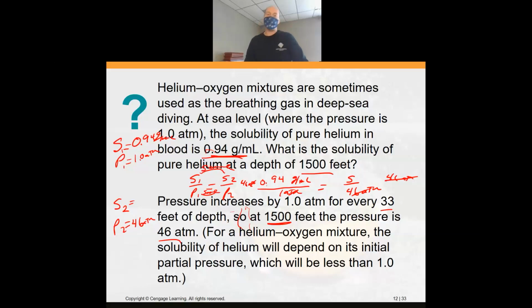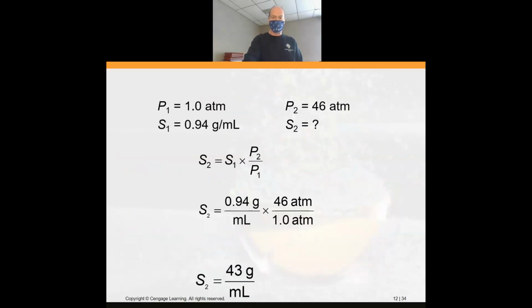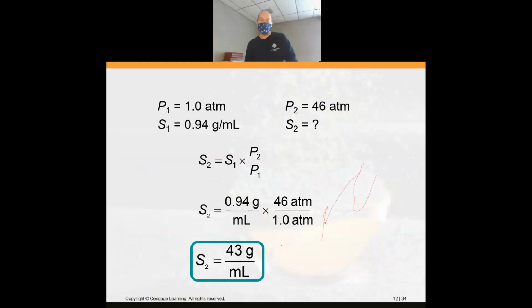We don't have a temperature in this one. It is a pressure and a solubility. The units on both sides just have to be the same. So your answer is going to be 46 times 0.94, in units of grams of helium per milliliter of blood. With two sig figs, you get 43 grams of helium in 1 milliliter of blood.